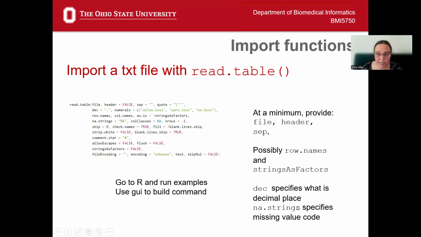NA strings might be useful, so you can specify what text you want to use as a missing value. Now, most of the time, we expect the missing value to be NA. Sometimes you might have the word unknown for a missing value, and you want to specify that as you read in your table, and it will convert any unknown to NA. Just makes cleaning up your table easier.